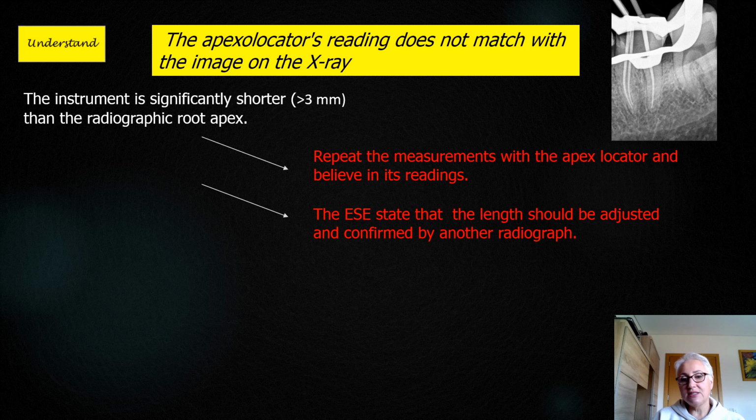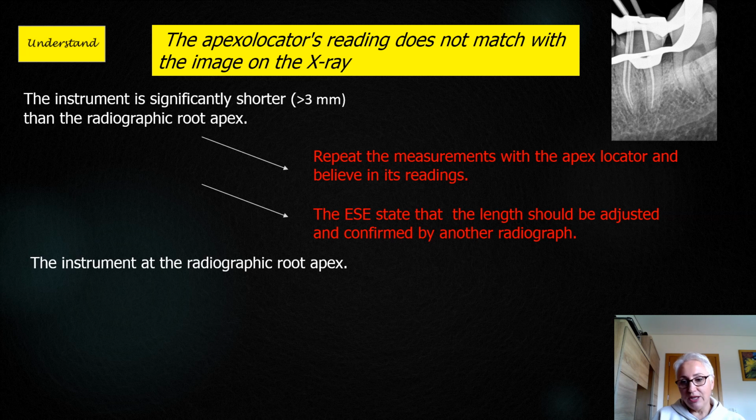The position statement from the European Society of Endodontology is that the length should be adjusted and confirmed by another radiograph if you want to be totally sure. It's only a suggestion. It's not obligatory that you have to do it. Like I told you, I'm always trusting the apex locator in the beginning.